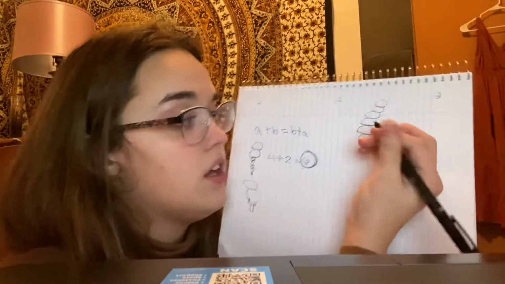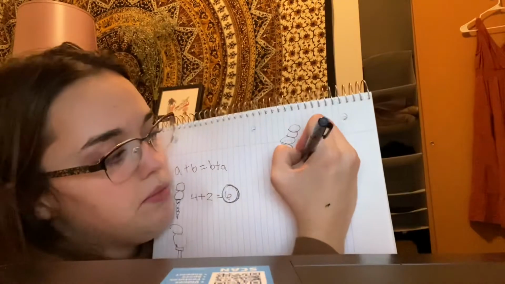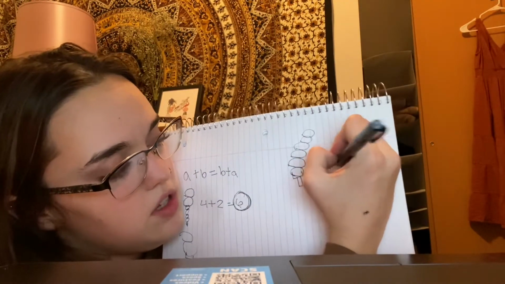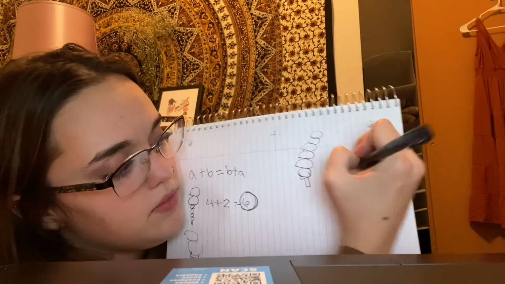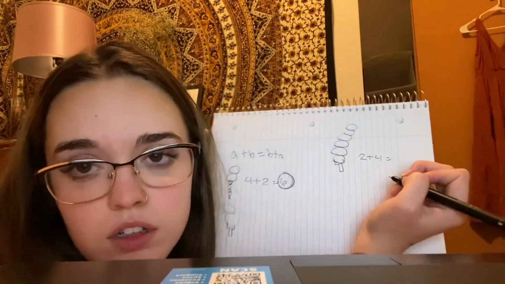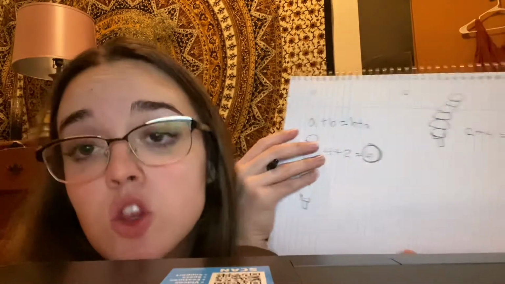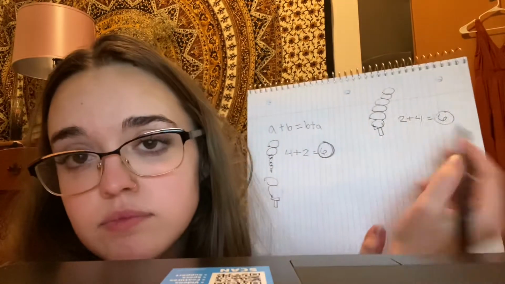So I have 2 scoops of ice cream. And then I have 4 scoops of ice cream. So how many scoops of ice cream do I have? 6 again. Good job. So, the reason why, does anybody know why?